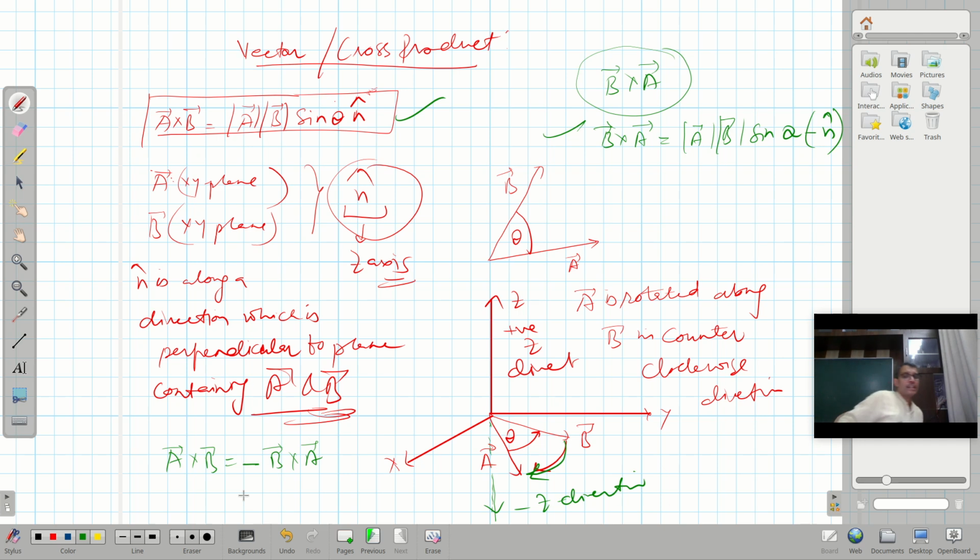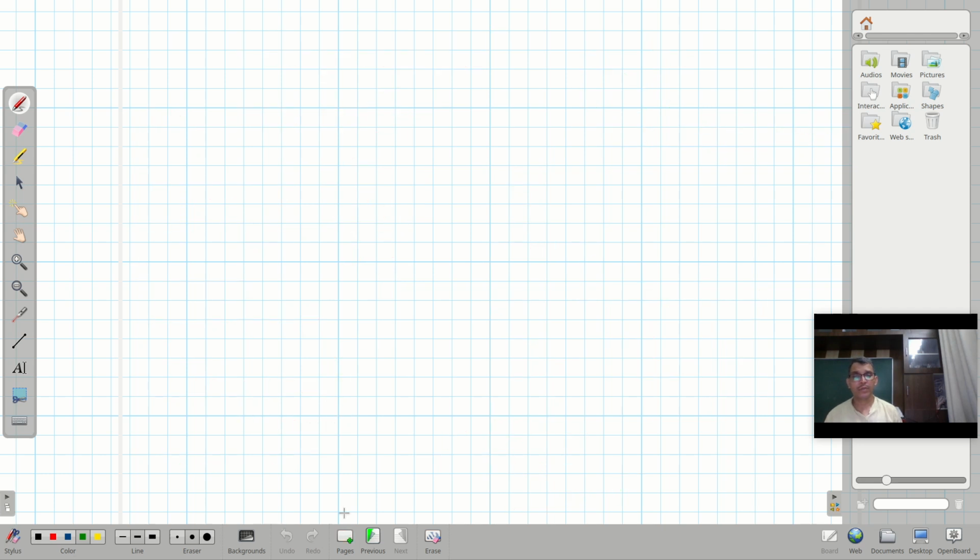Also, let us look at how it represents an area. Let us consider a vector A along this direction and a vector B along this direction, and let us complete a parallelogram.